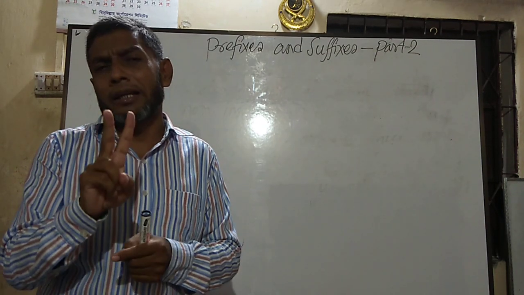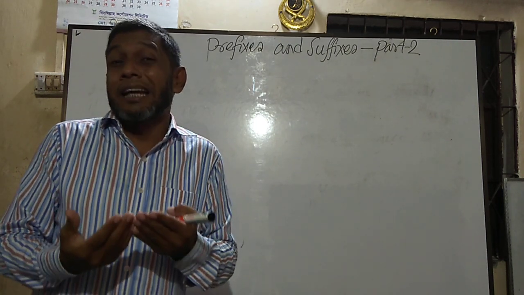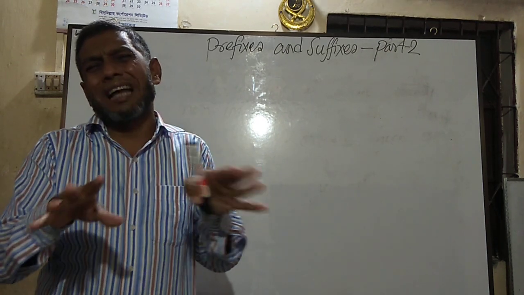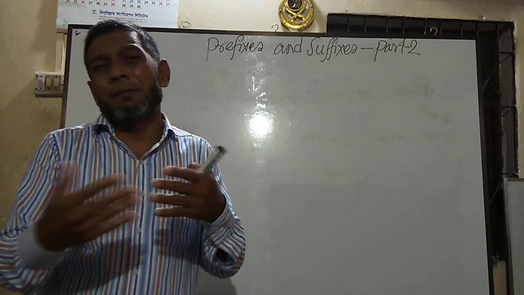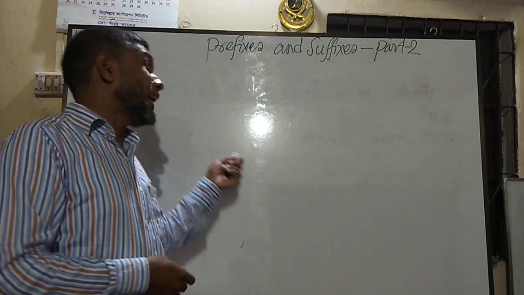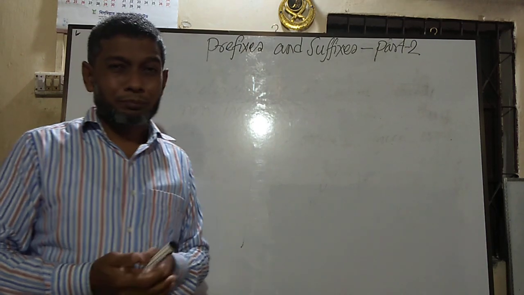So if I can understand these 2 techniques only, then without memorizing the hundreds and thousands of particles and affixes in the books, I can fill in the blanks very successfully.